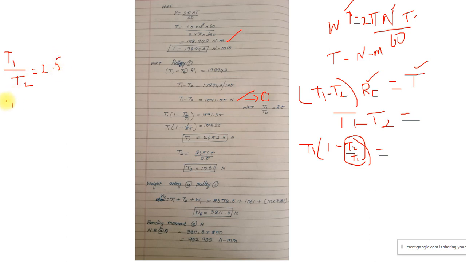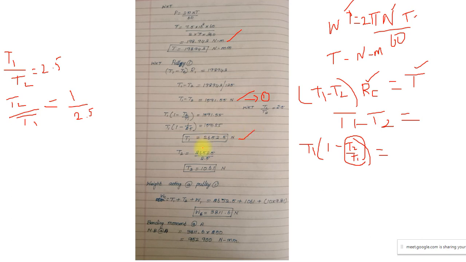Now what is T2 by T1? It is nothing but 1 divided by 2.5. So I substitute here T1 into 1 minus 1 divided by 2.5, and I can find out the tension value.